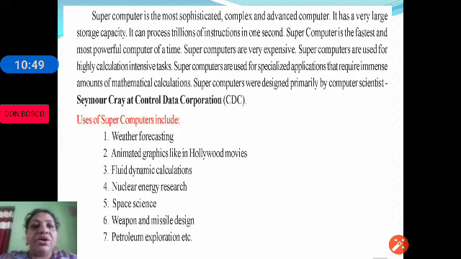Supercomputers are used for weather forecasting, animations, fluid dynamics, nuclear energy research, space science, weapons and missile designing and petroleum explorations. So these are some of the uses or applications of supercomputers.